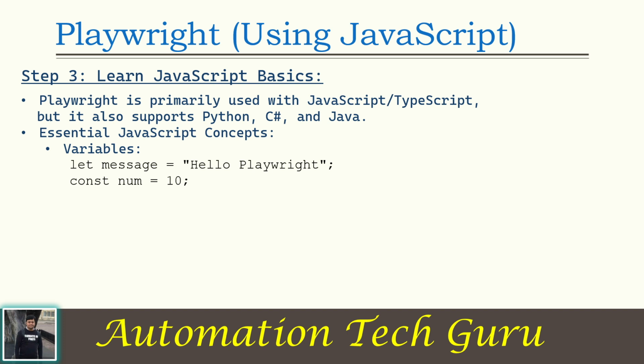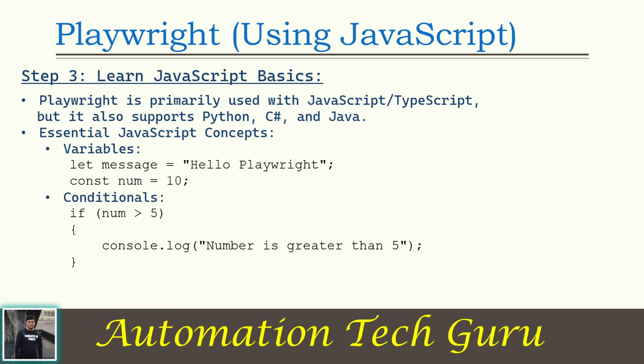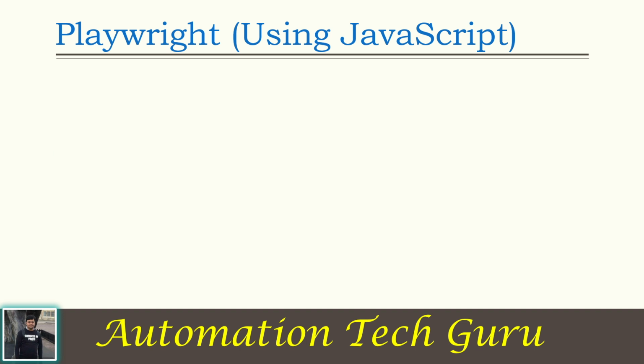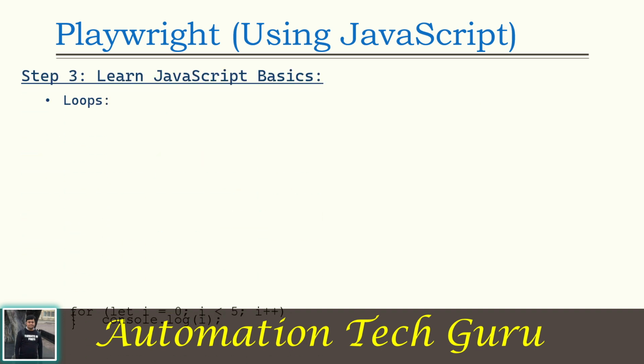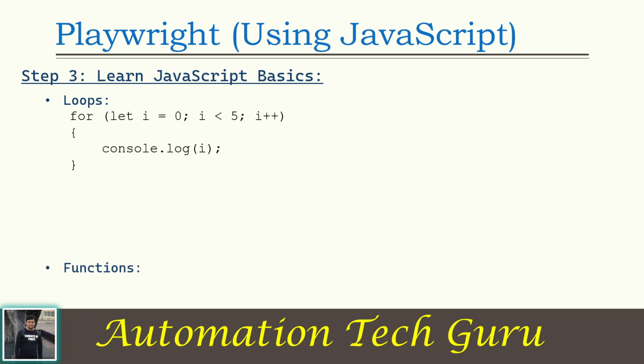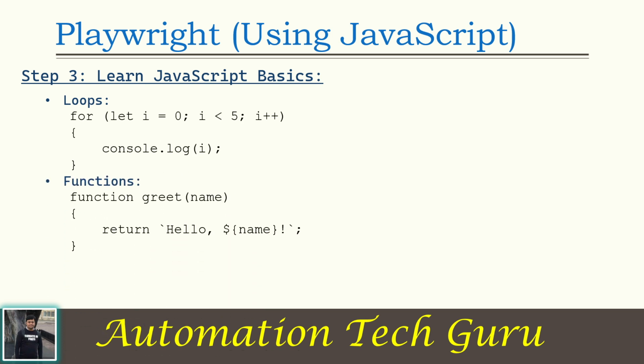Next is conditionals, so you can use a conditional like if num is greater than 5, and console.log for printing. These are some JavaScript basics you need to learn before using it in Playwright. Next, learn JavaScript basics like loops, then functions and how you can write a function.